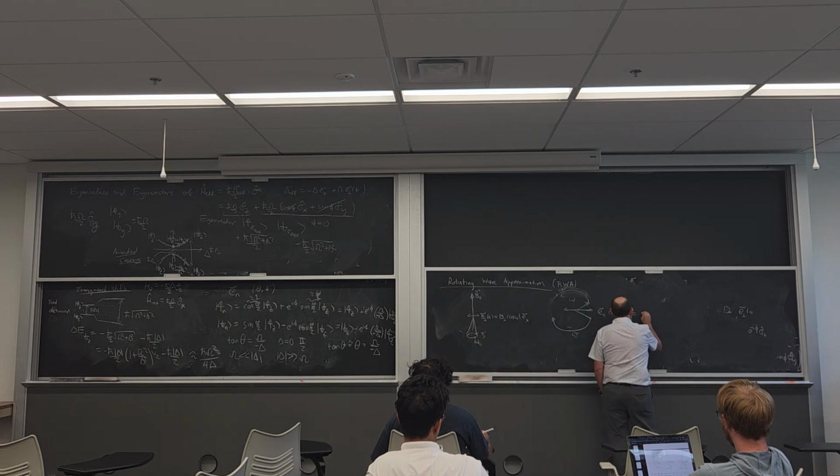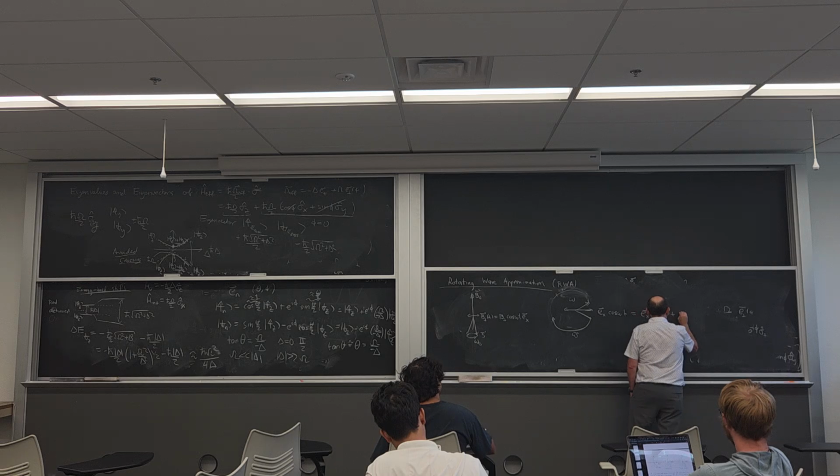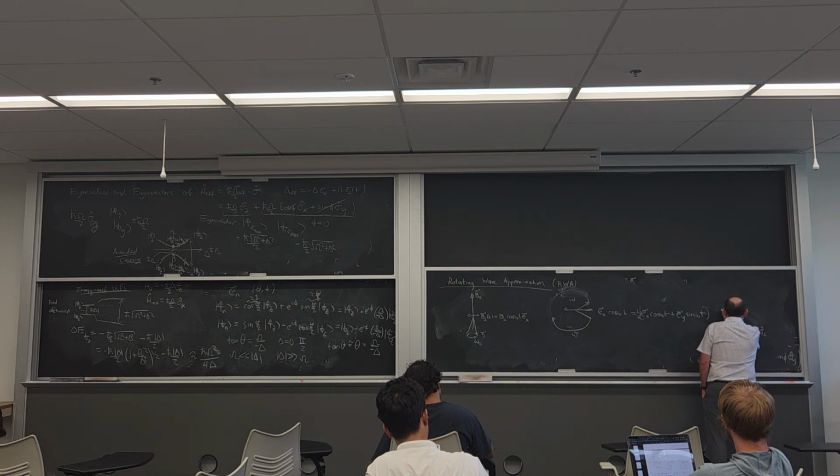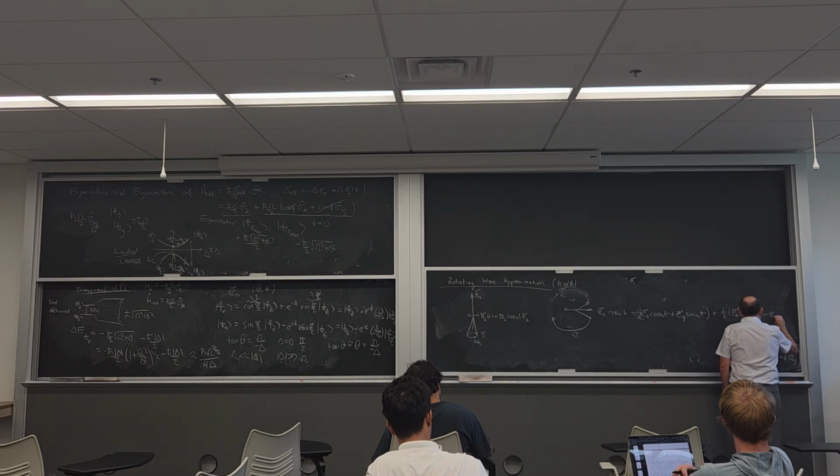That is to say, this is equal to EX cosine omega t plus EY sine omega t. This is rotating around the z-axis with the right-hand rule, and this is rotating around the z-axis with the left-hand rule.